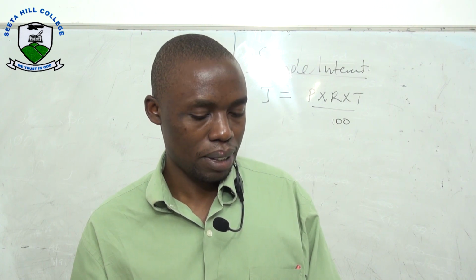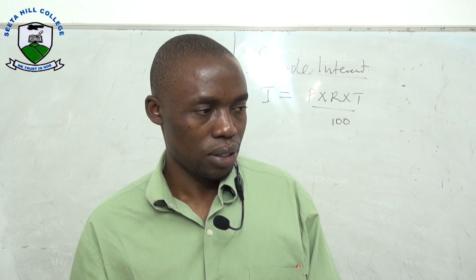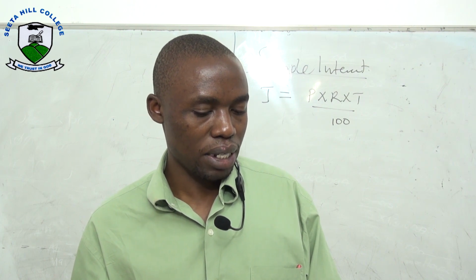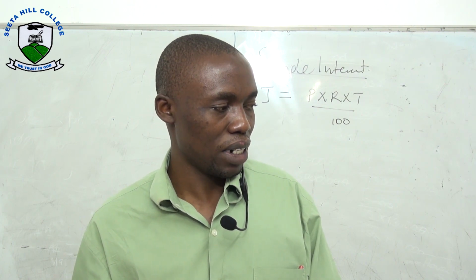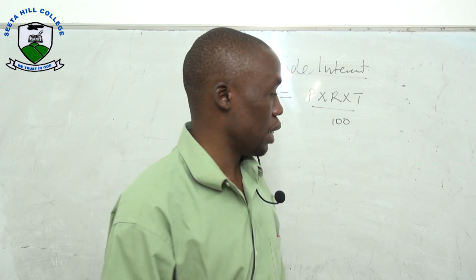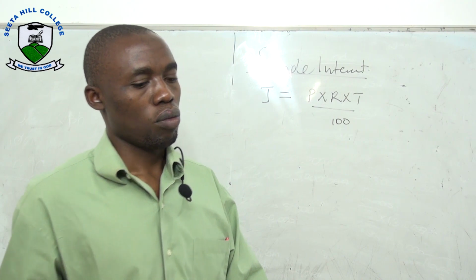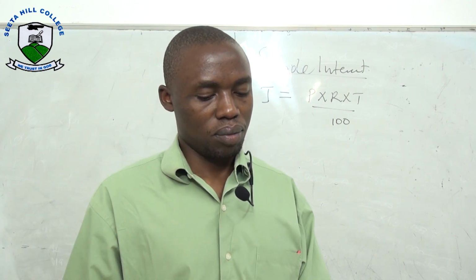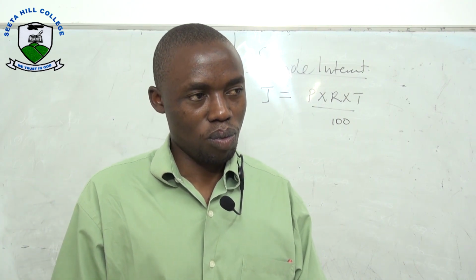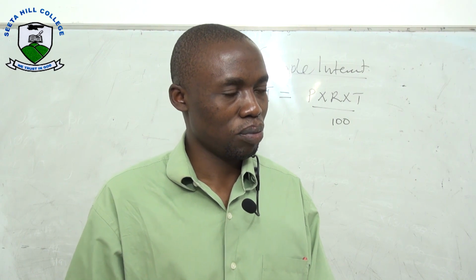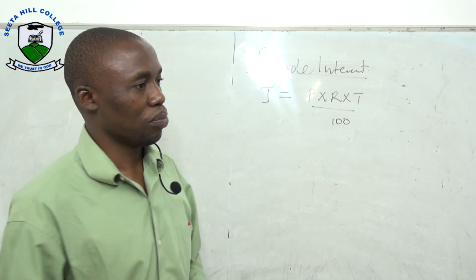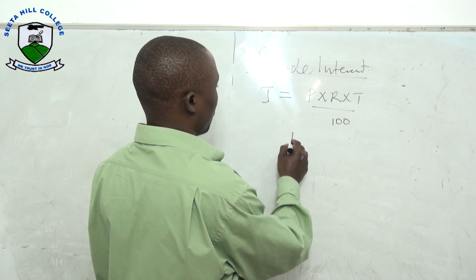Then part B, the total amount of money he is given at the end of 10 years. What do we do? Find the simple interest.